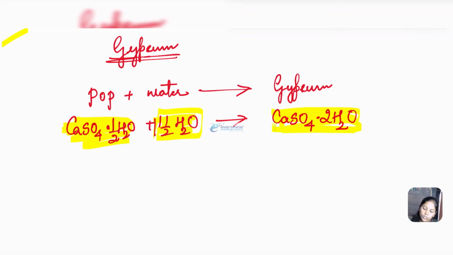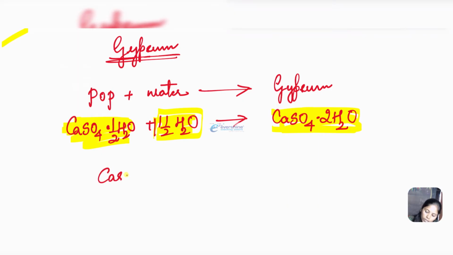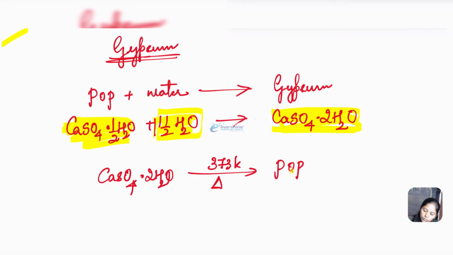In reverse, if we take gypsum and heat it to 373 Kelvin, we get POP. This is also another important question for the exam. How to obtain POP?